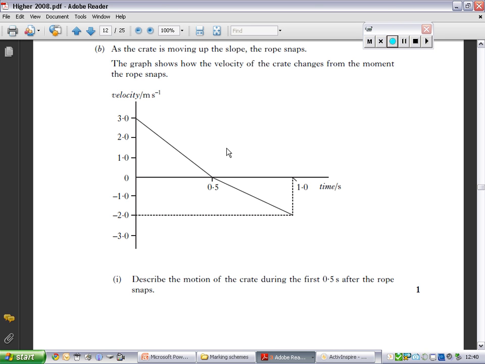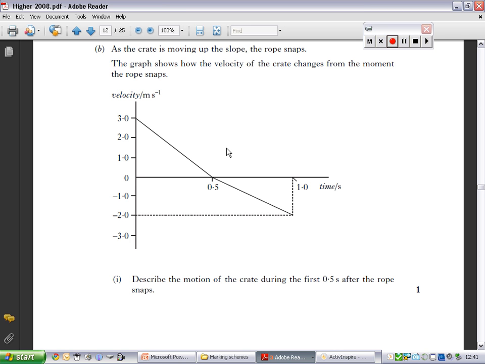The graph shows how the velocity of the crate changes from the moment the rope has snapped. Right, my mistake, the rope has snapped here. At this point something happens, and then it goes down the slope, like Fraser said. What's happening between there and there? It slows down.